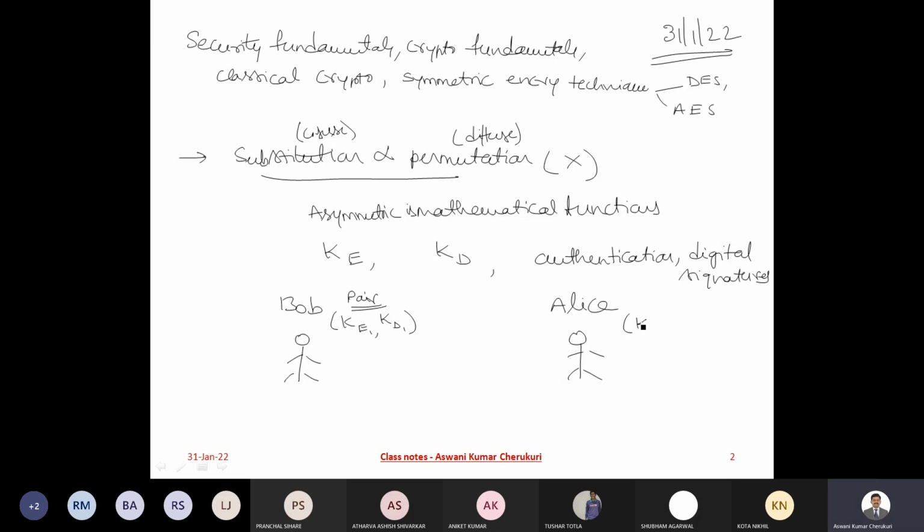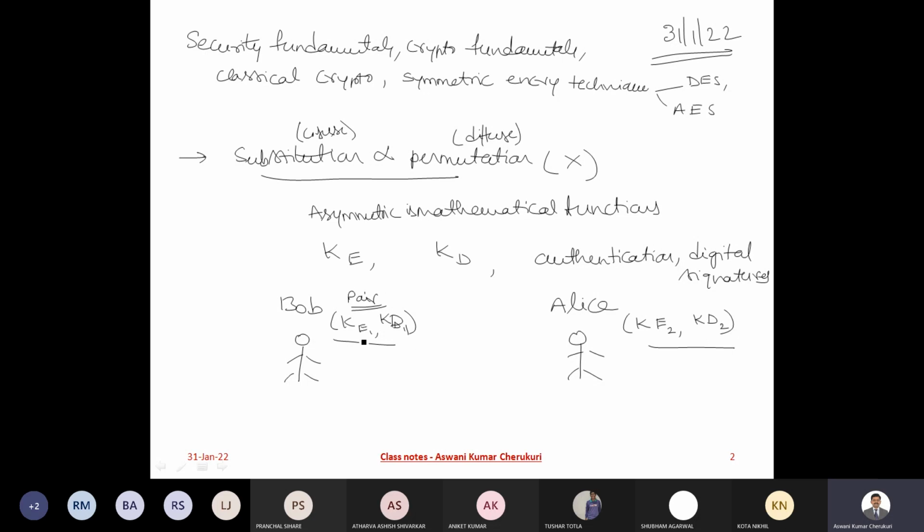Similarly, Alice will have her pair, KE2 and KD2. One key for encryption, another for decryption. KD stands for decryption key, KE stands for encryption key. Bob's key pair is KE1, KD1. Alice's pair is KE2 and KD2.